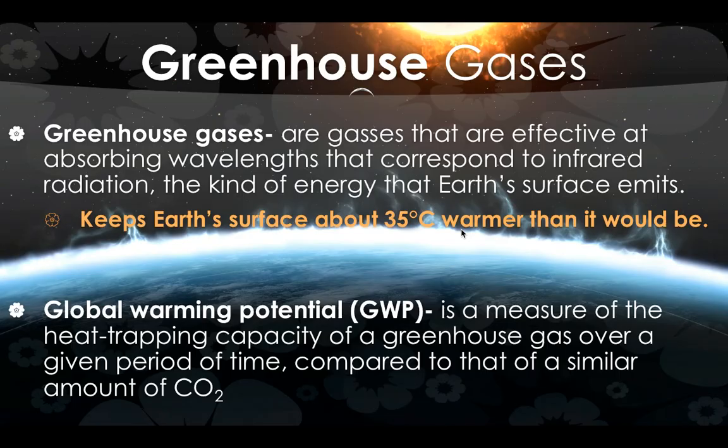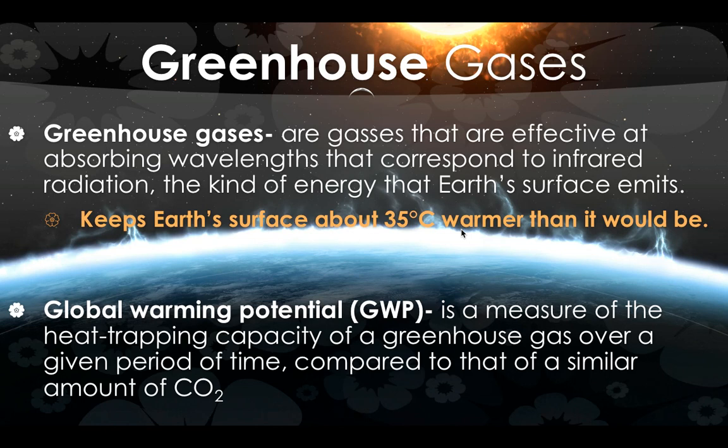And that's from greenhouse gases. So greenhouse gases are gases that are effective at absorbing wavelengths that correspond to infrared radiation, the kind of energy the Earth's surface emits. So the Earth's surface emits infrared radiation to go back into space.